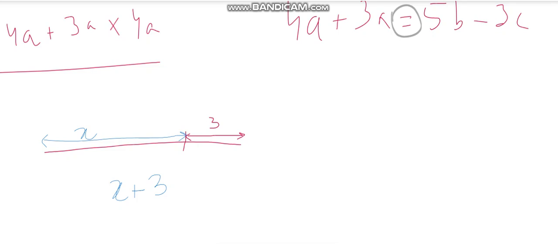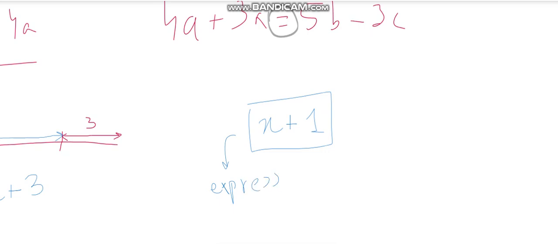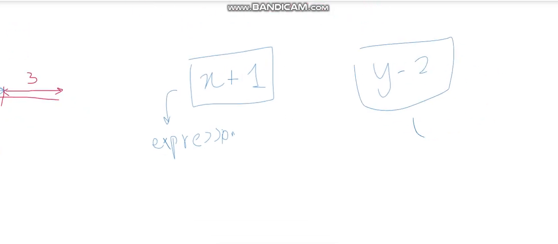So you can simply say that an expression is different from an equation. An equation contains an equal sign that shows that the expressions on either side of it are equal to each other. For example, another equation can be made with x plus 1, which is an expression, and one other expression, which is y minus 2, maybe.